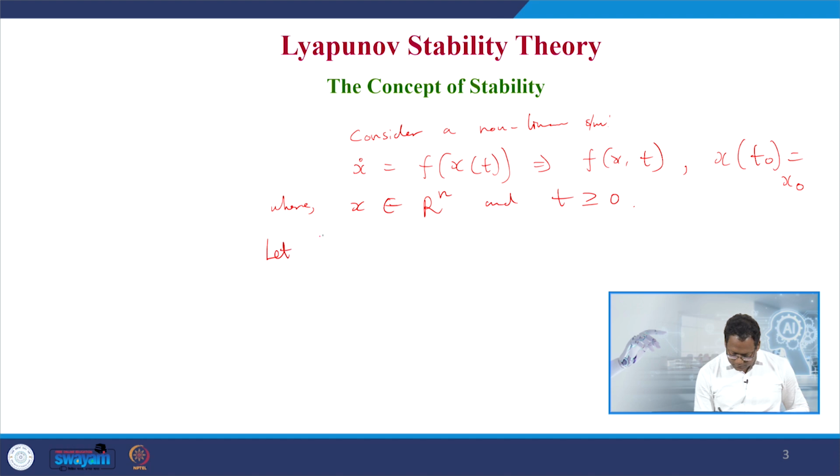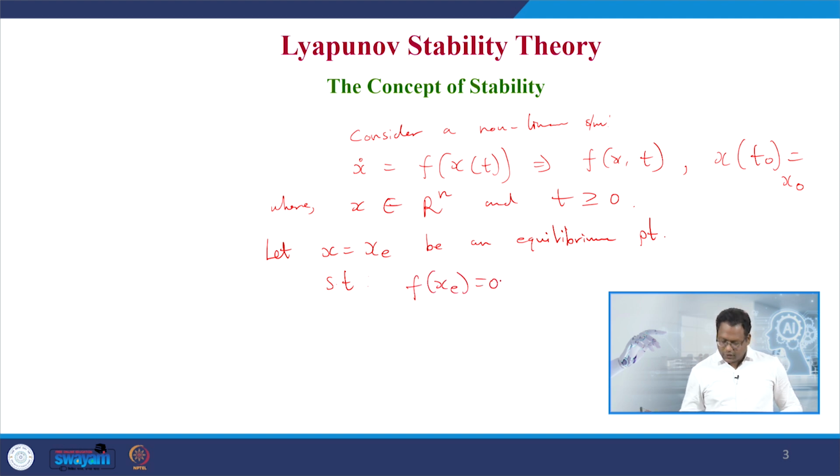Let x equal to x e be an equilibrium point such that f of x e equal to 0. Let us consider the origin is the equilibrium point of the system.